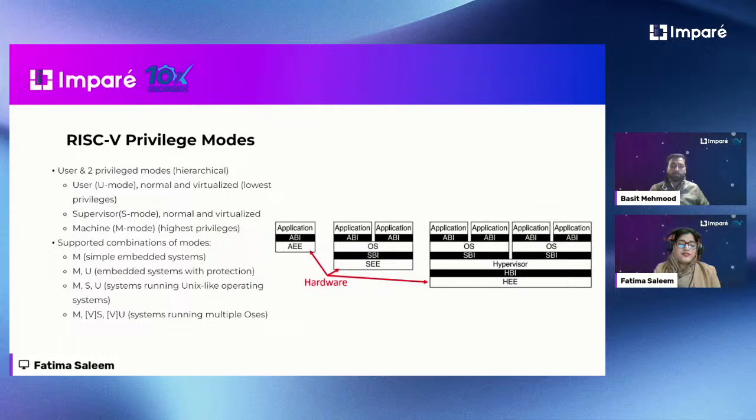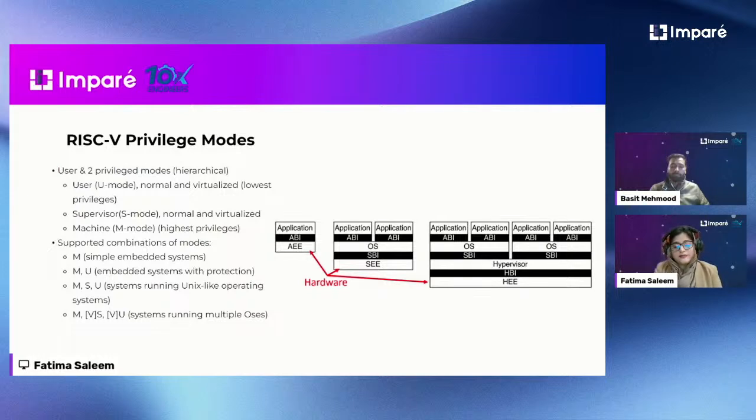And the fourth one is when there are multiple OSs running, and a hypervisor will manage all the OSs, and the hypervisor will talk to the hypervisor execution environment. And then at the end of it, there is the hardware, and the application layer will talk to the different layers depending on which combination we are using.